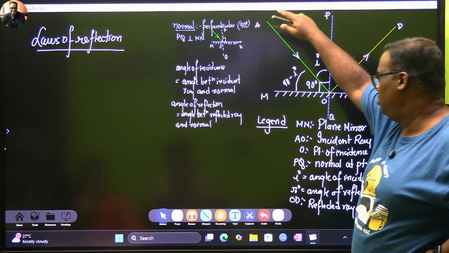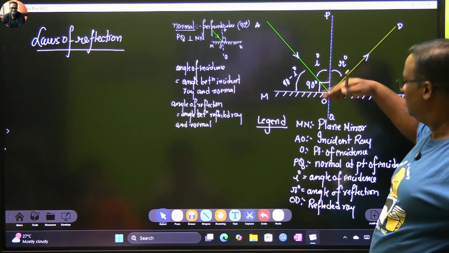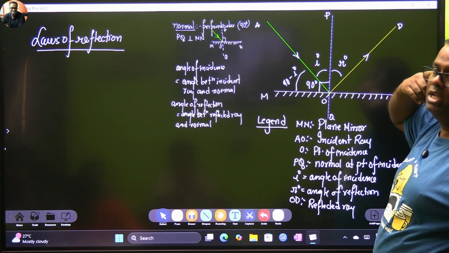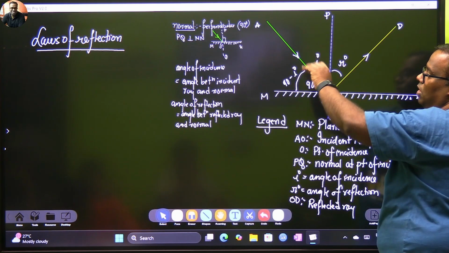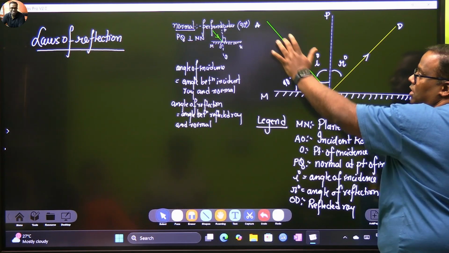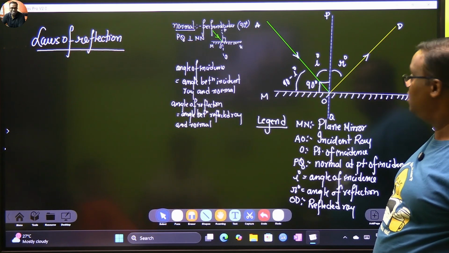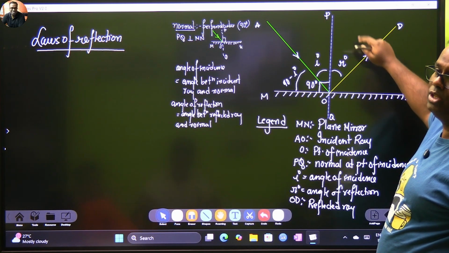This is the phenomenon of reflection: when an incident ray hits a reflective surface and is sent back into the same medium, that is known as reflection. In doing so, the incident ray makes an angle of incidence with the normal. What we should take care of is that the angle is between the incident ray and the normal. Similarly, there will be an angle of reflection, which the reflected ray makes with the normal.